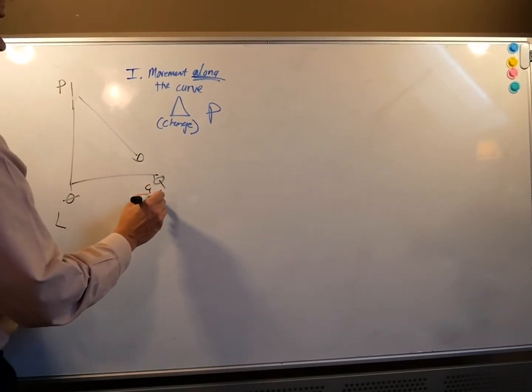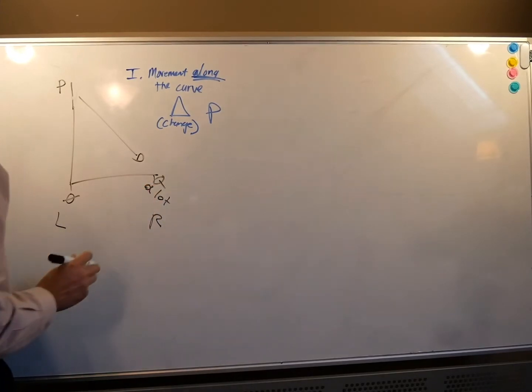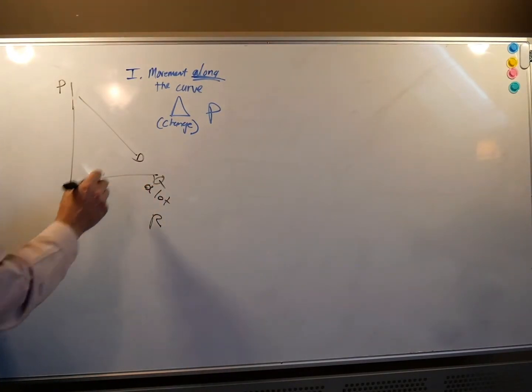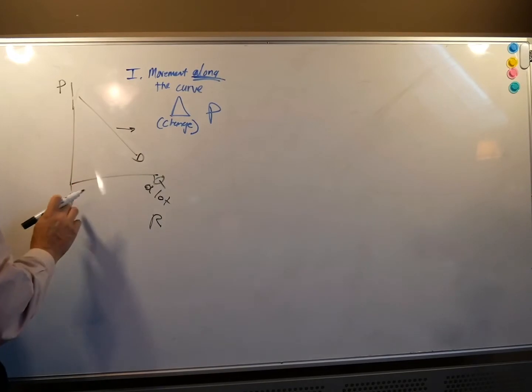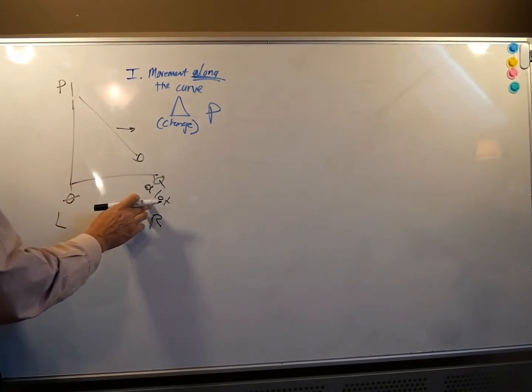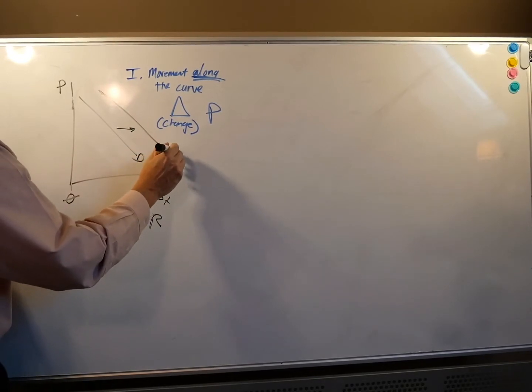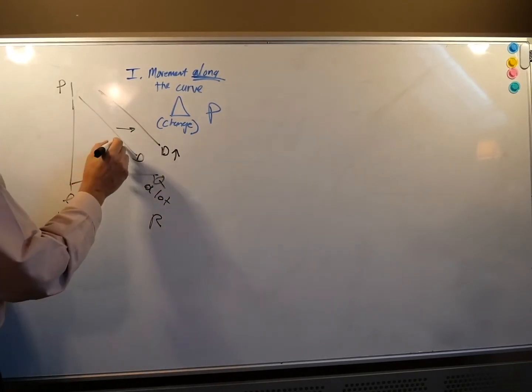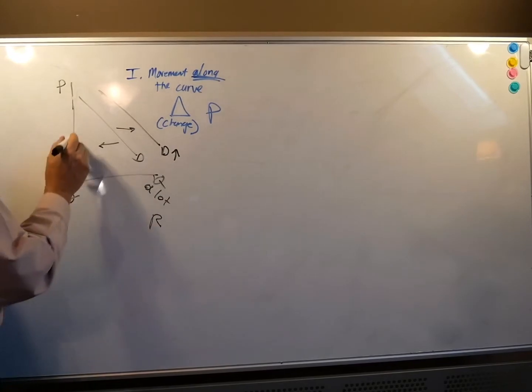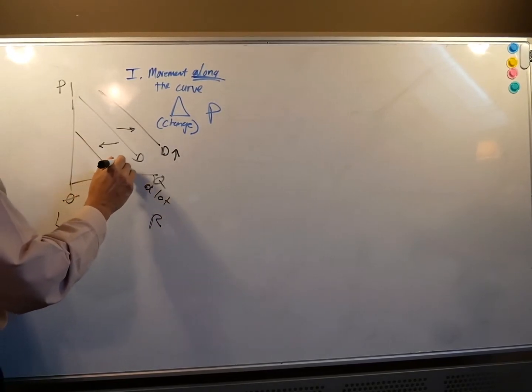Right is towards a lot, so more. If I'm going right, that is a demand increase. If I'm going left, I'm going towards 0, that is a demand decrease.